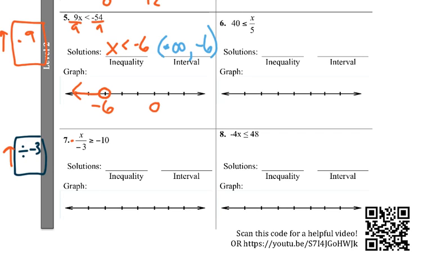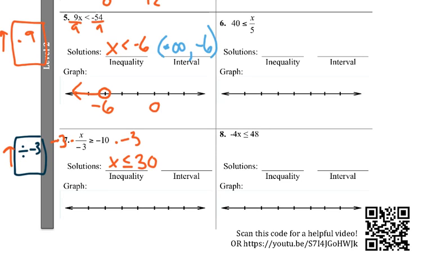Now, if we ever multiply or divide both sides by a negative number in an inequality, I need to switch the direction that the sign is facing. So my inequality answer would be x is less than or equal to negative 10 times negative 3, which is a positive 30.